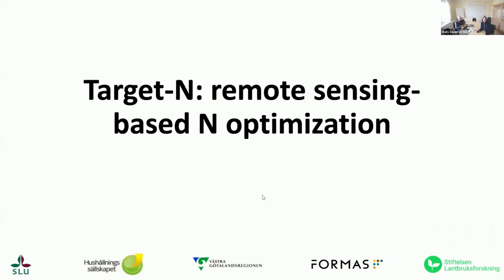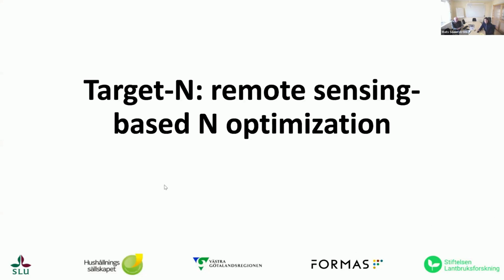Yes. Okay, so now we will talk about the research project called Target N. It is about precision agriculture, and about how to develop models for decision support systems for variable rate application of nitrogen, so that nitrogen rates can be adapted spatially within a field to the varying nitrogen status of the crop.